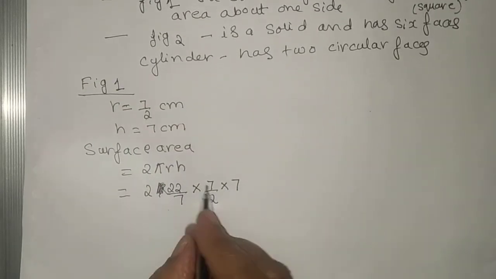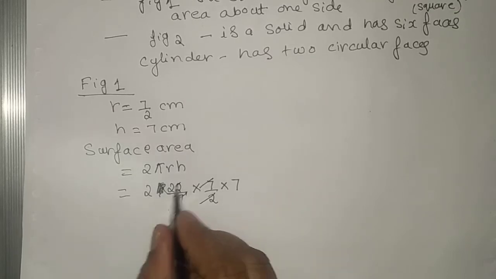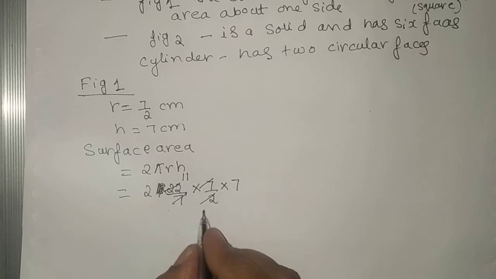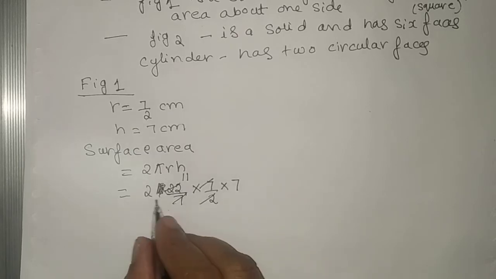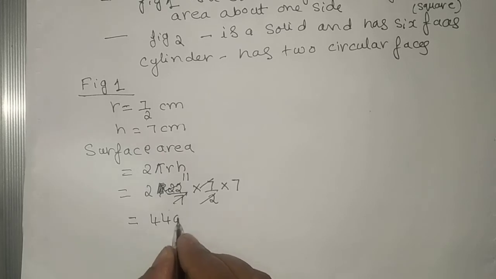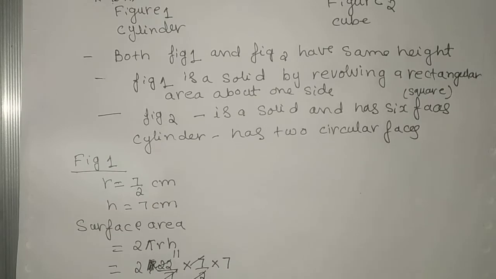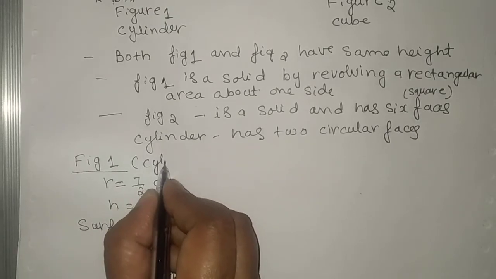This cancels with the 11, so 11 into 7 into 2 gives 440 m square. So this is about figure 1, the cylinder.